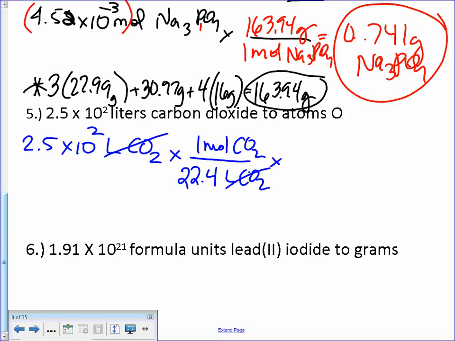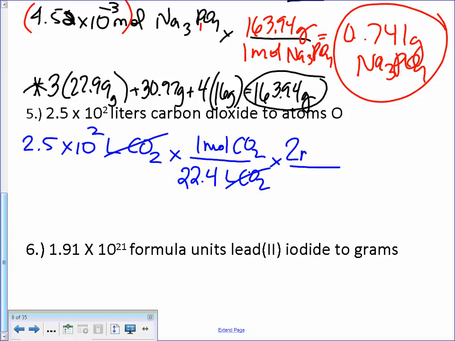And then I need to get from moles of carbon dioxide to something different. What is that something different I'm getting to? Moles of oxygen. How do I do that internal mole ratio thing again? 2 to 1. How do you know 2 to 1? Because there's 2 oxygens inside of 1 carbon dioxide, right?